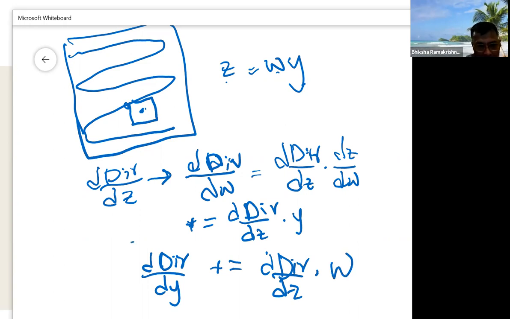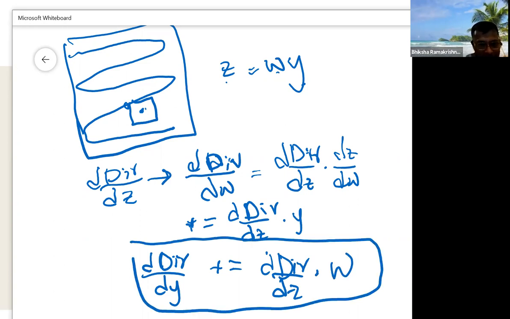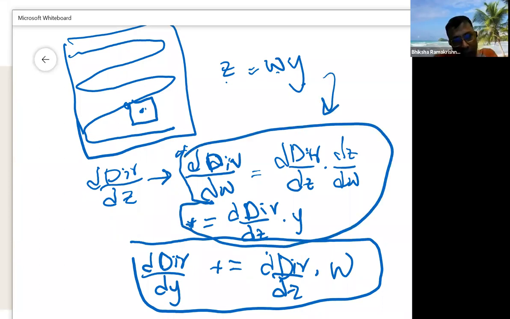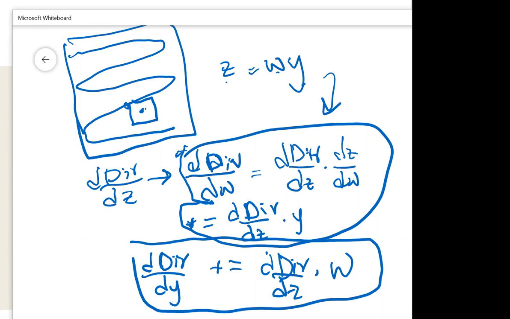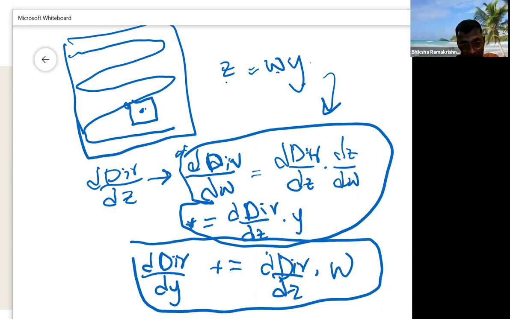So do you guys see how these equations come out of this one simple equation? Z equals wy tells me that d div over dw is d div over dz times y, and d div over dy is d div over dz times w. So these two should be kind of obvious. Is this making sense to you guys? Yes.